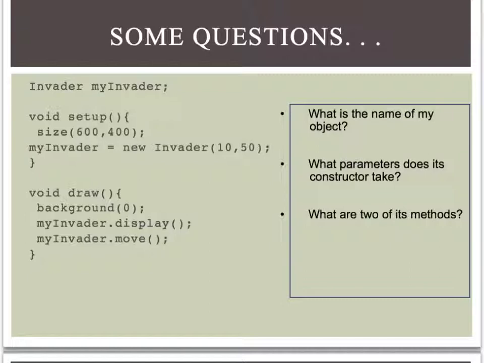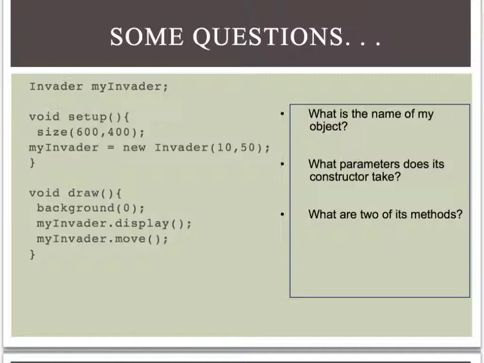So some quick review questions here. What's the name of the object shown? If you said myInvader, you're right. What parameters does the constructor take? Well, first of all, it's helpful to know where the constructor appears in this code. You are calling the constructor on the line below size, where it says myInvader equals new Invader(10, 50).